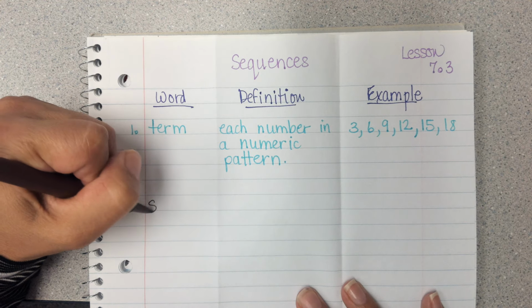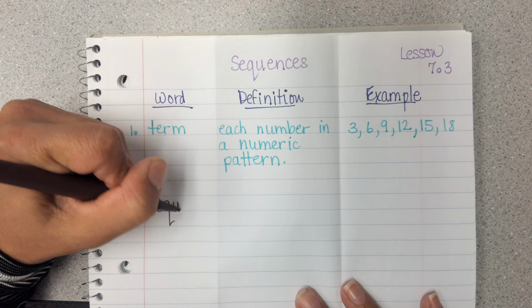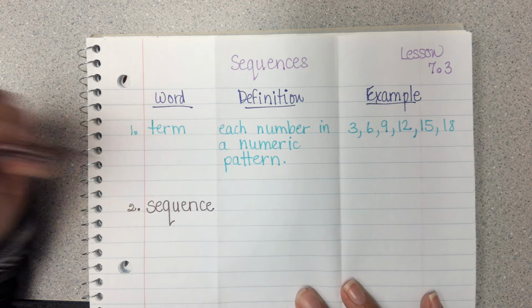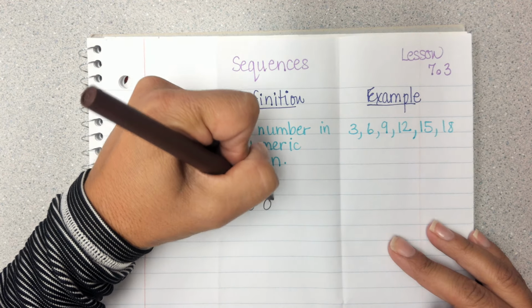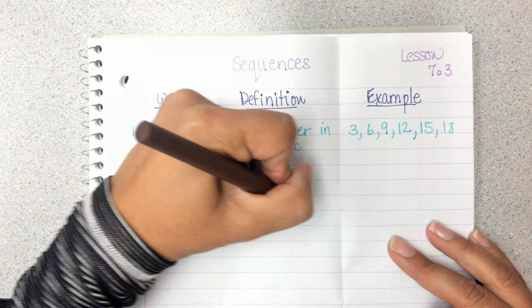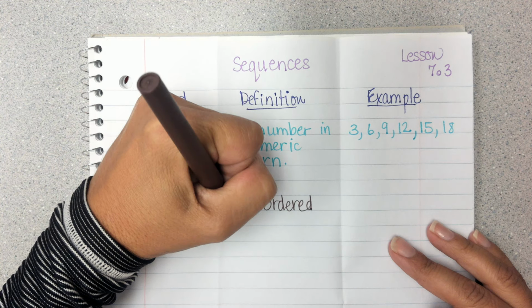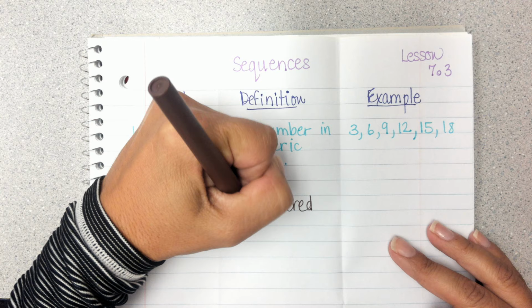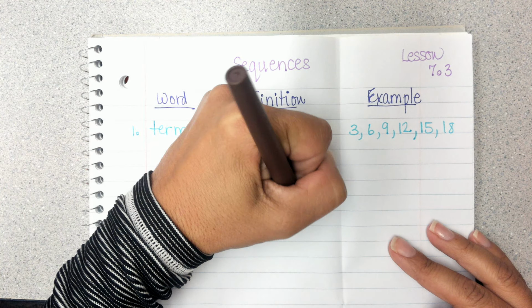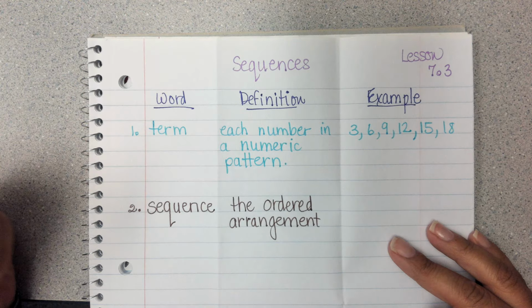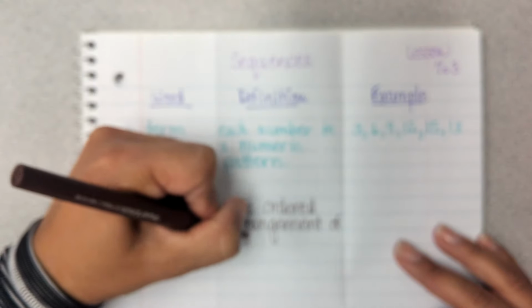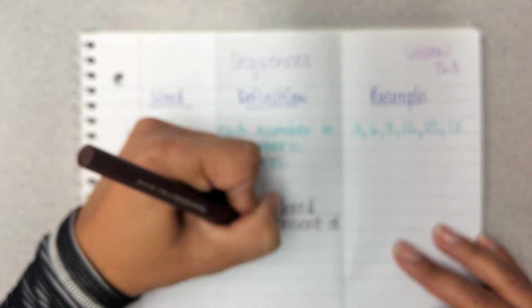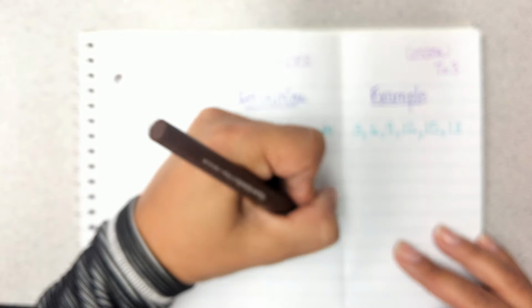Your next word is sequence. It's the ordered arrangement of terms that make up the pattern.